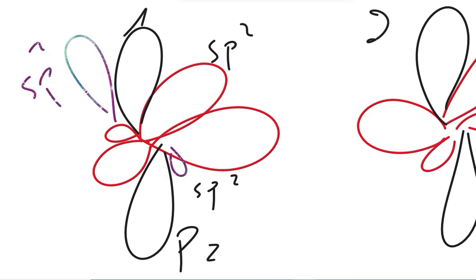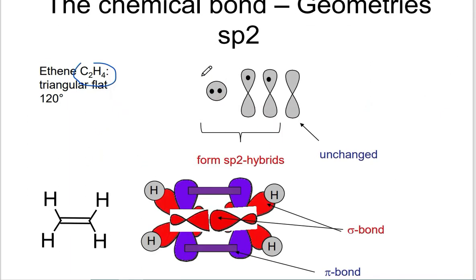So this was originally the s sphere plus two p orbitals. Now we have three sp2 orbitals. You see here, one s sphere is hybridizing with only two p orbitals, and the third p orbital is remaining unchanged.